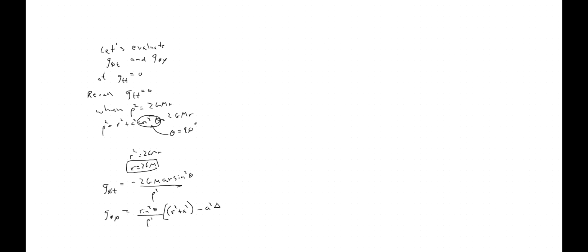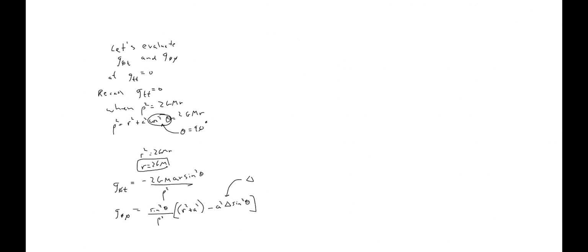It's sine squared of theta over rho squared times a really painful thing: r squared plus a squared minus a squared delta sine squared theta. And remember that this delta here is r squared minus 2GMR plus a squared.